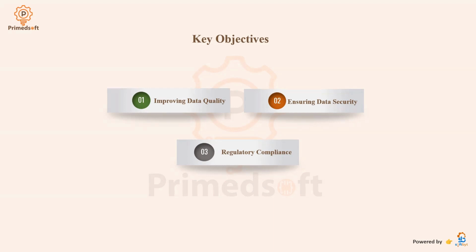So, number one key objective is improving data quality. This will ensure data accuracy, completeness, consistency, and reliability, which will in turn support informed decision making. That's the number one objective of data management.